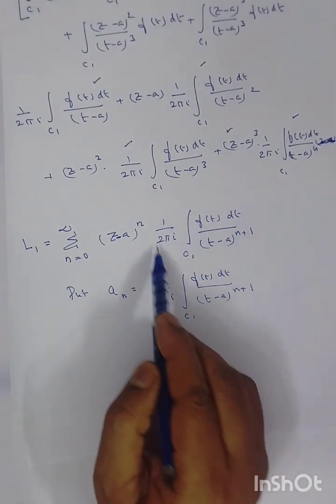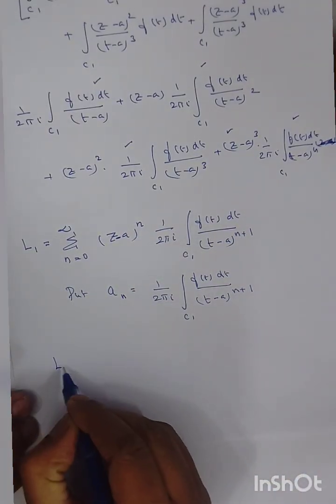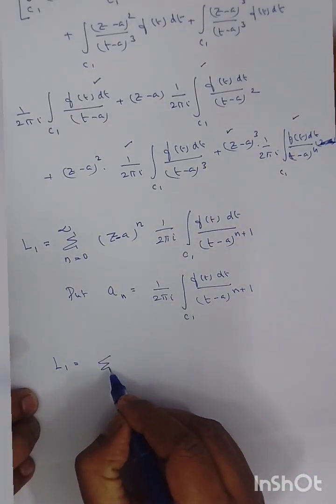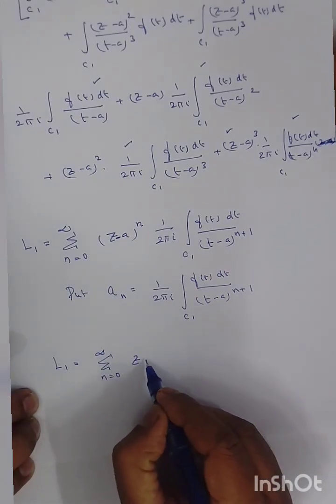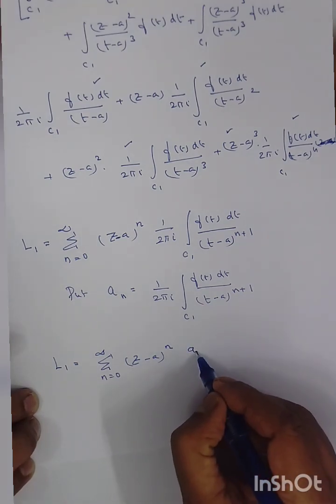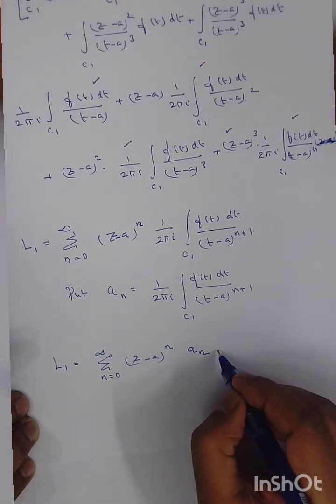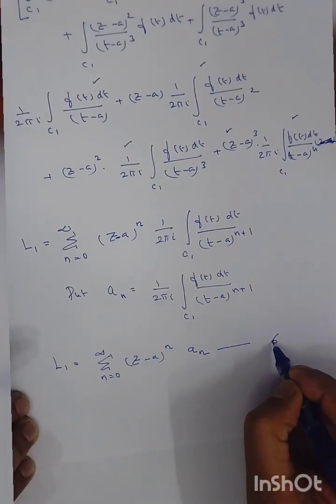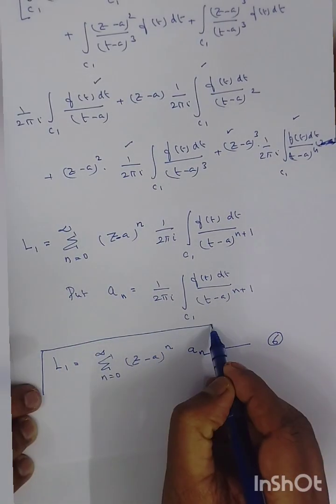So, for this term I am substituting as an. Therefore, L1 becomes summation n is equal to 0 to infinity z minus a whole power n into an. Okay, so this is equation number 6. So, we derived the value for L1.